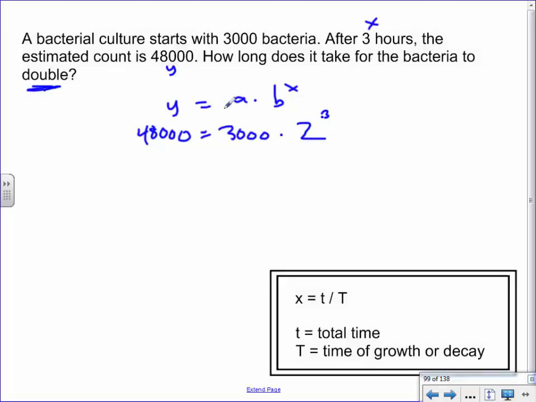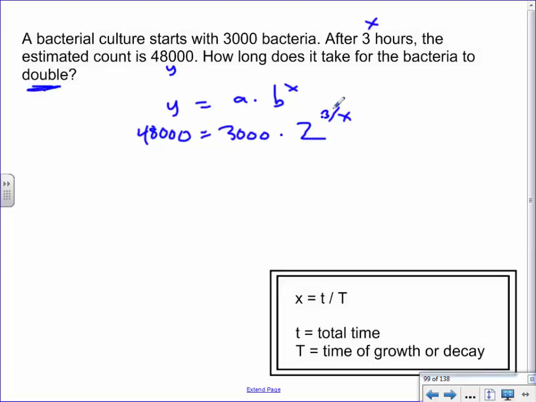So quick recap. You start with 3,000 bacteria. It's going to need to double. We know that it doubles at the coordinate point 3, 48,000. This is where kids struggle the most. It ends up being like 3 over x. The reason why it's 3 over x is that the top part of this fraction is the running counter time.